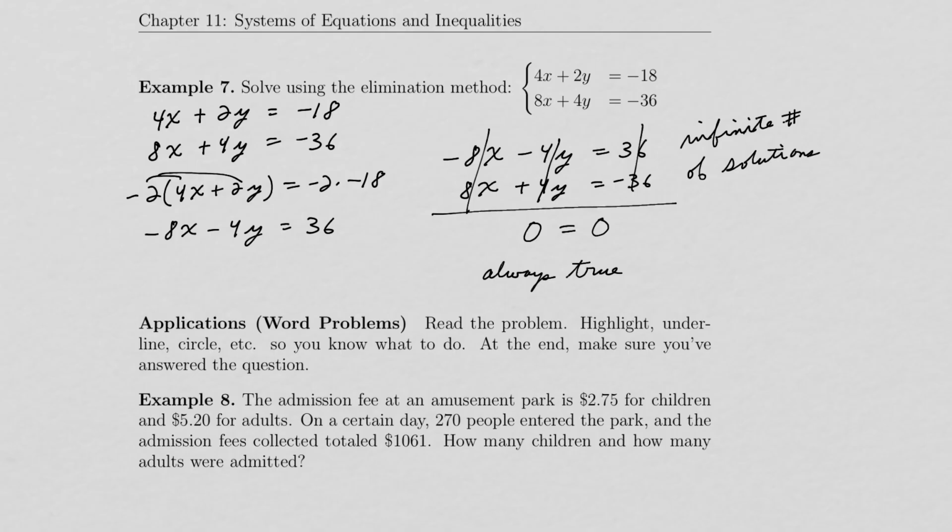Okay, so what does that mean in terms of the system? This was actually a dependent system. And you can kind of see here why. This second equation is just a multiple of the first equation. So in reality, these two equations are not different, right? That second equation is twice the first equation.